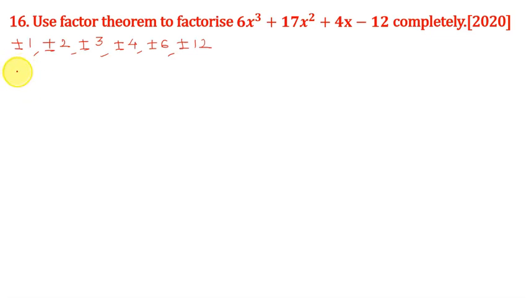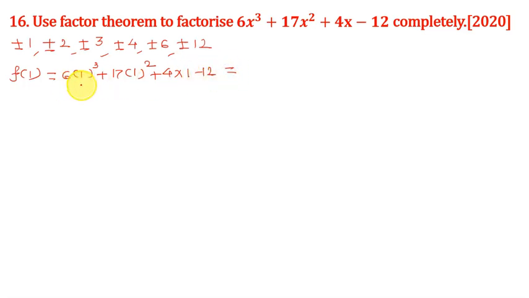Now we'll check whether f of 1 is 0. Okay, f of 1, x is replaced by 1: 6 into 1 cube plus 17 into 1 square plus 4 into 1 minus 12.